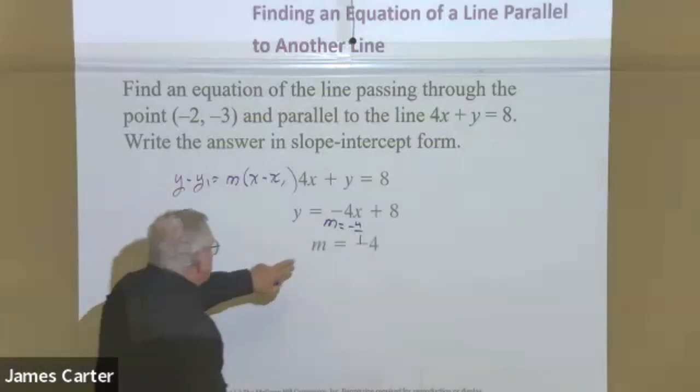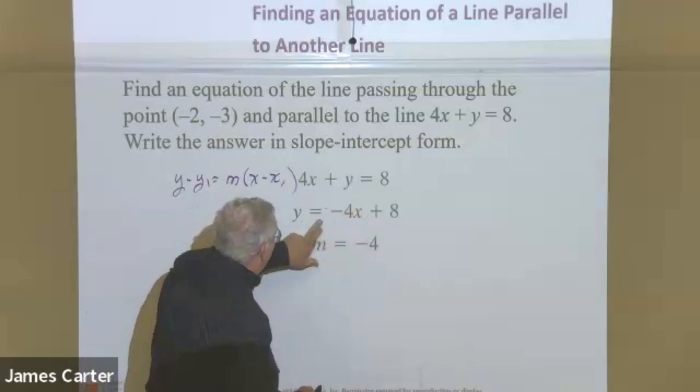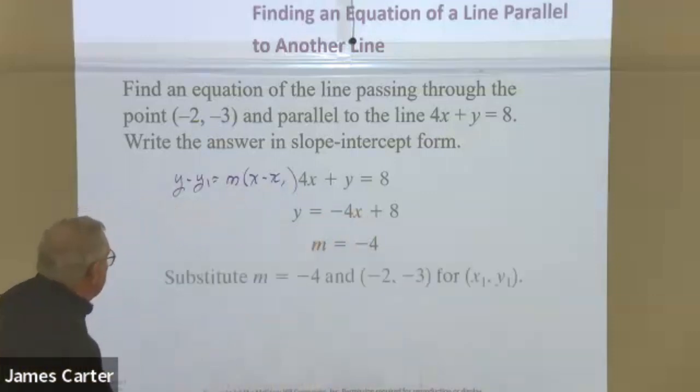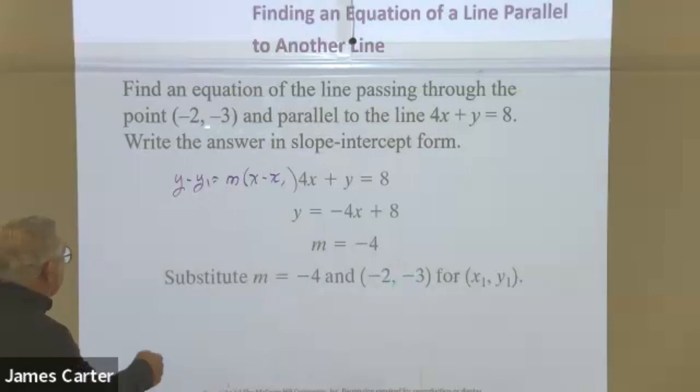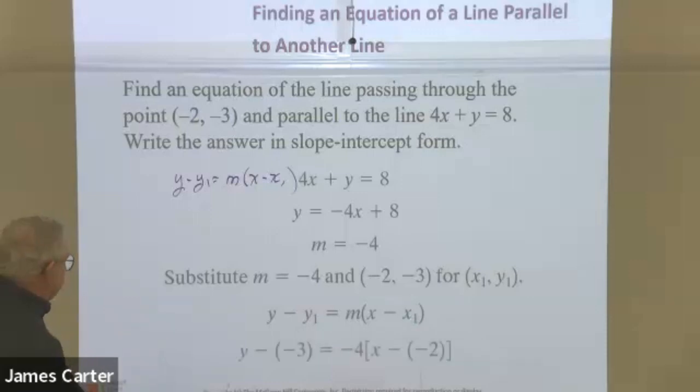We know that the slope is -4. So we're going to take -4 and this point they give us to find the line. Here's my equation that I told you, the point slope formula. Here's the substitution. Here's that -4 that we had for a slope. Here's the y value, here's the x value.